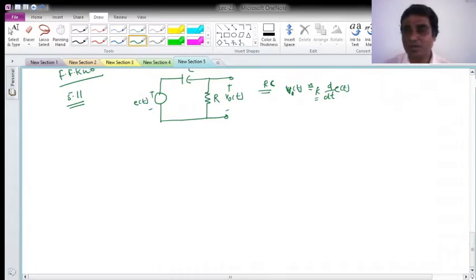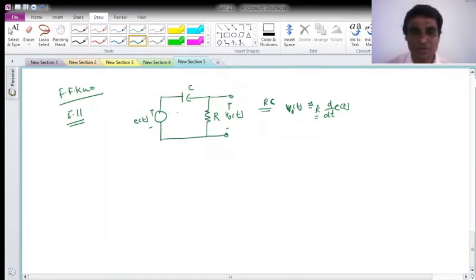We can solve this in two ways. Observe that the current through the capacitor is equal to the current through R. The current through the capacitor will be C d/dt of the voltage across it, which is e of t minus v0, and the current through R will be v0 over R.